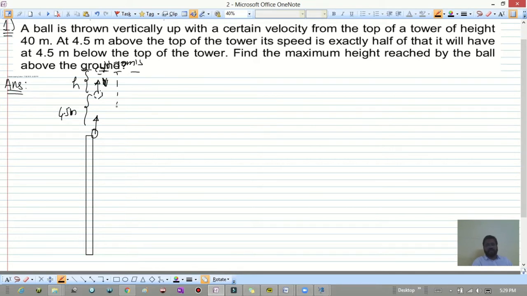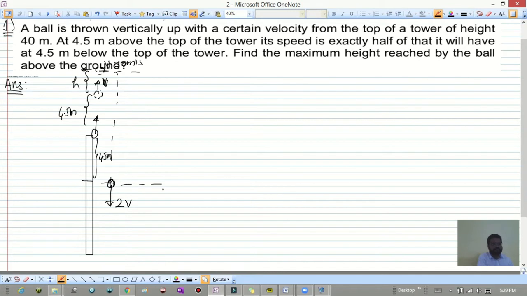Then it will come back, and below the 4.5 meter, its velocity is exactly, it is given, half of what it will have at 4.5 meter below the top of the tower. That means at this point it must be 2 times the initial velocity. So at this point it is given 2v.